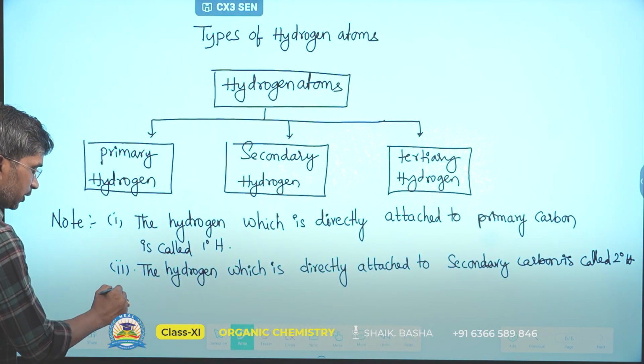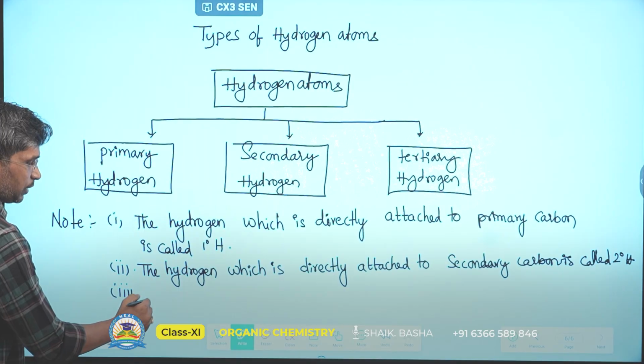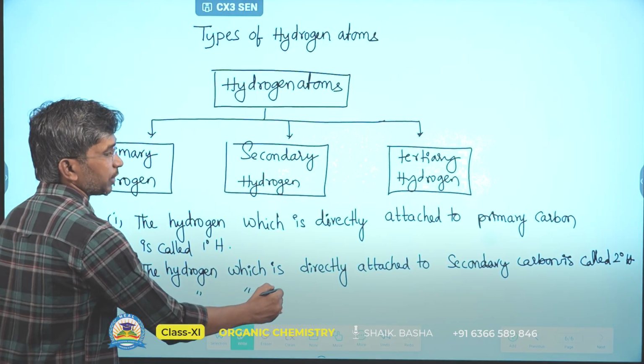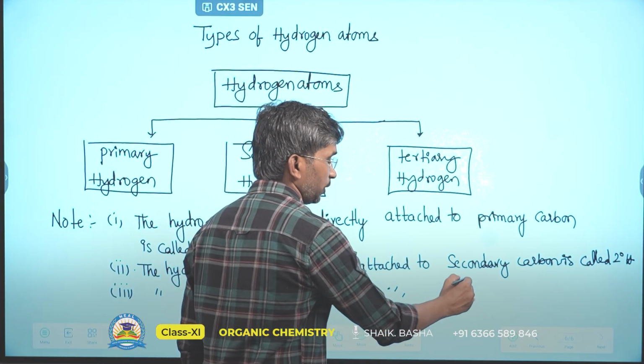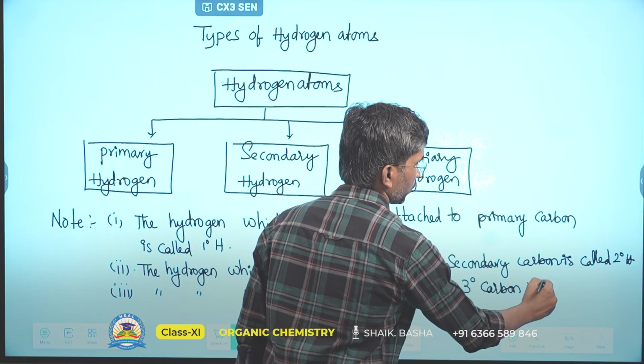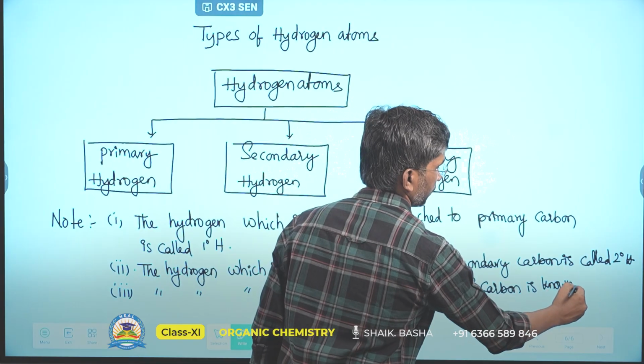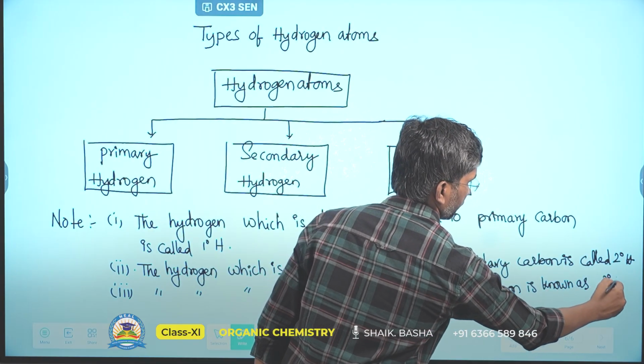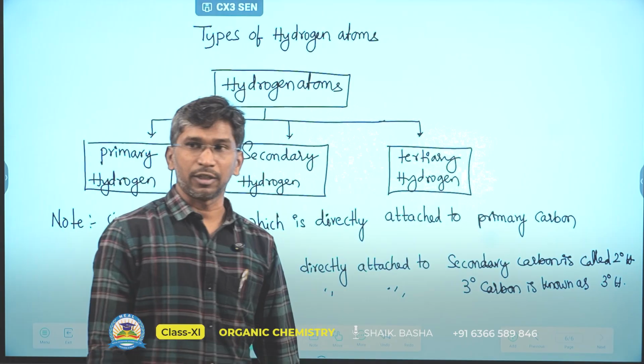What about tertiary hydrogen? The hydrogen which is directly attached to tertiary carbon is known as tertiary hydrogen. So this is based on the connectivity.